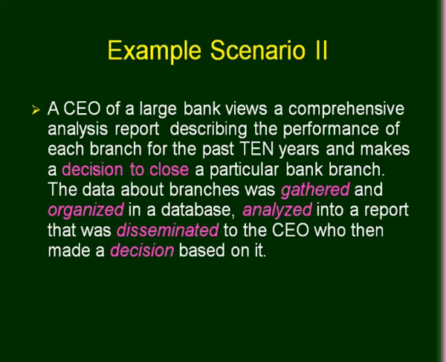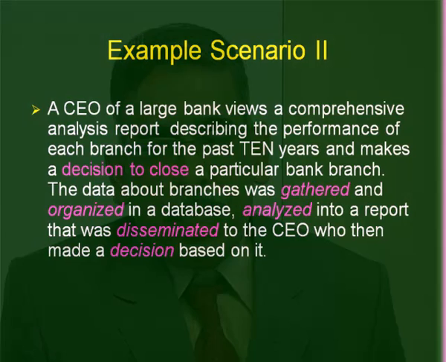Right? The data about branches was gathered and organized in a database, analyzed into a report that was disseminated to the CEO, who then made a decision based on it. So in this scenario also, gathering, organization, storing, analysis, dissemination and decision making are all involved.